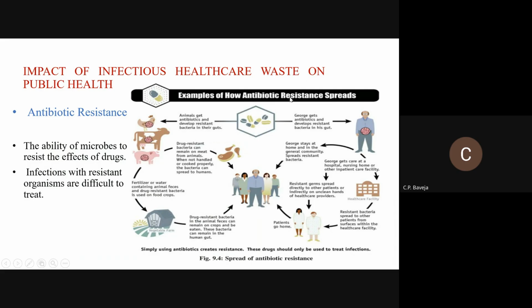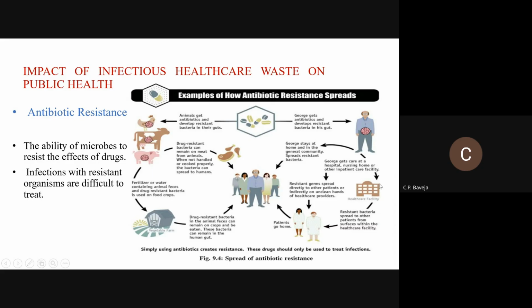This is an example of how antibiotic resistance spreads. George stays at home and in the general community and spreads resistant bacteria. Then George gets care at the hospital, nursing home, or other inpatient care facility.